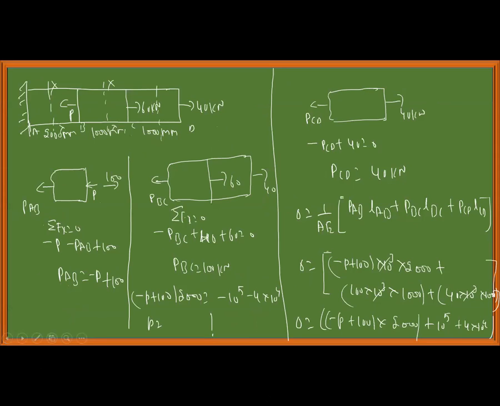So 170 again. It has to be 170 again only. The load remains the same, right? P has to remain the same. However you take, P remains the same. P is equal to 170 kilonewton.